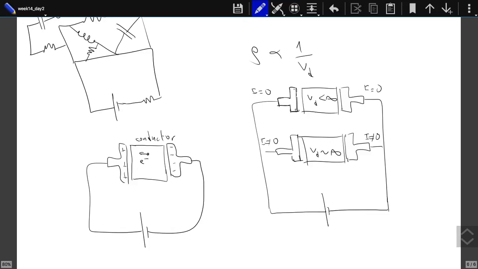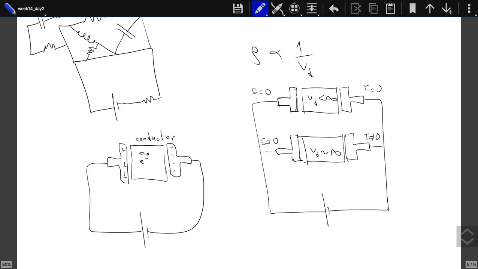But the moment they start, they will be creating some electric fields that will be pushing those electrons back through this wire. So even before they can move, they will be pushed back to this resistanceless conductor. It will be 0. There won't be any current running in this one.